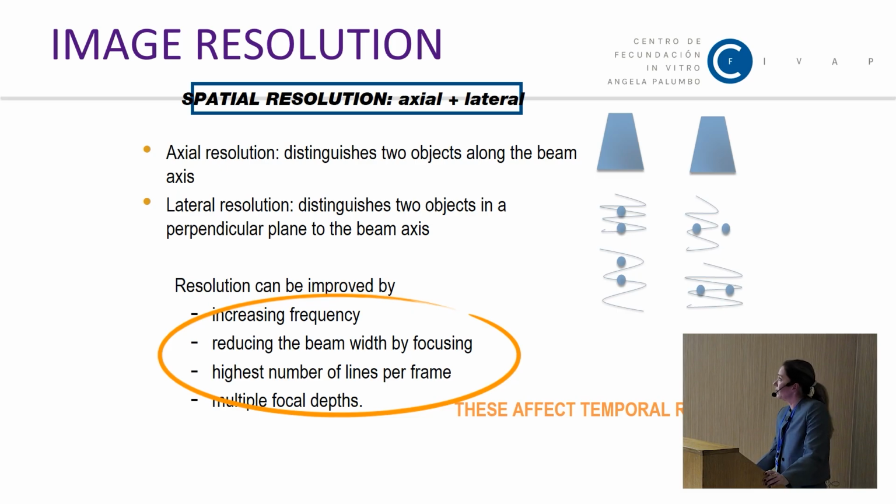Resolution can be improved by increasing the frequency, reducing the beam width by focusing, and also increasing the number of lines per frame and using multiple focal depths. But be careful because these strategies of increasing the number of lines per frame and using multiple focal depths can affect temporal resolution.